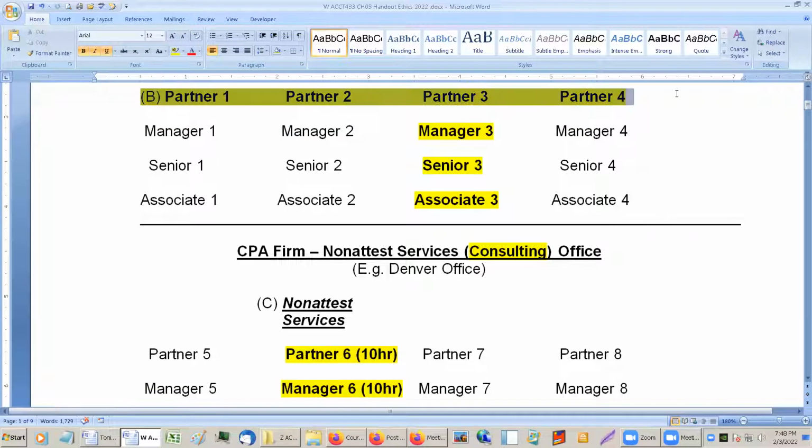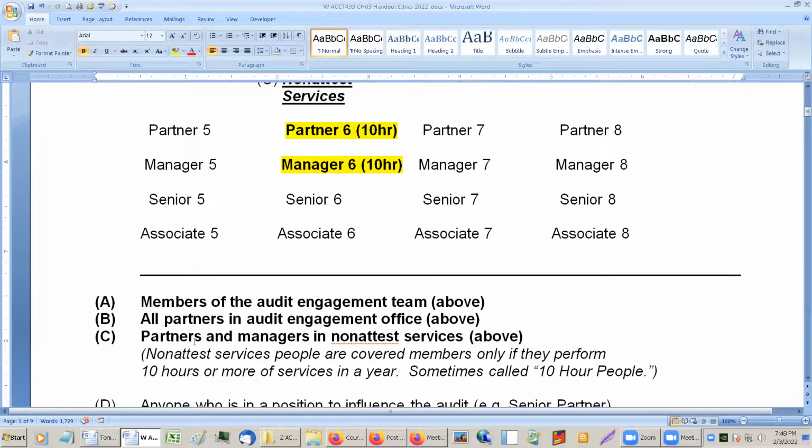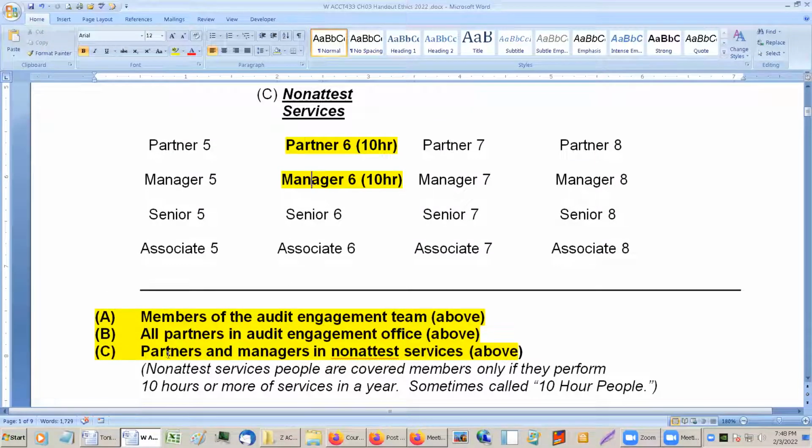They'll focus on the partners, people who are on the audit itself, and people who are in consulting. Now, these are the first three that we just talked about. This partner and manager, these are the non-attest people. They are sometimes called 10-hour people.